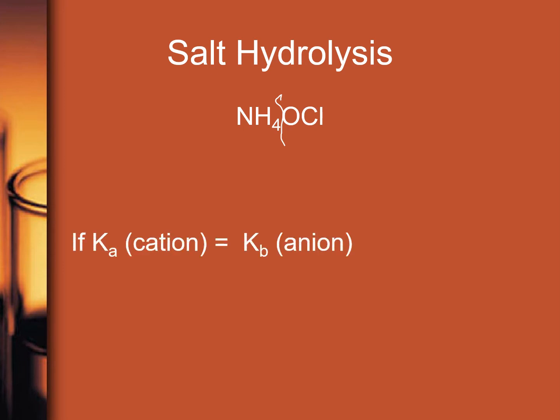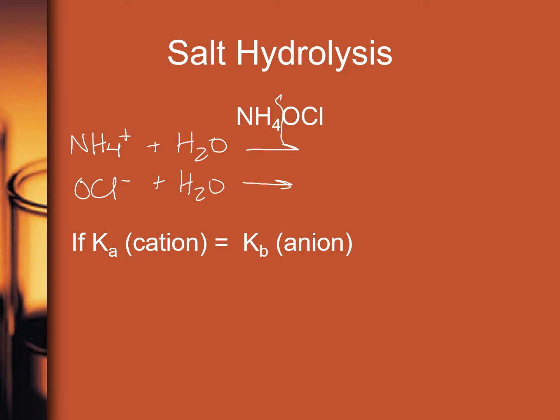Now, one thing that we can look at to tell if it's acidic or basic is compare the Ka and Kb values. So if we were to write out a hydrolysis for both of these, looking at ammonium and the OCl, and they both react in water.